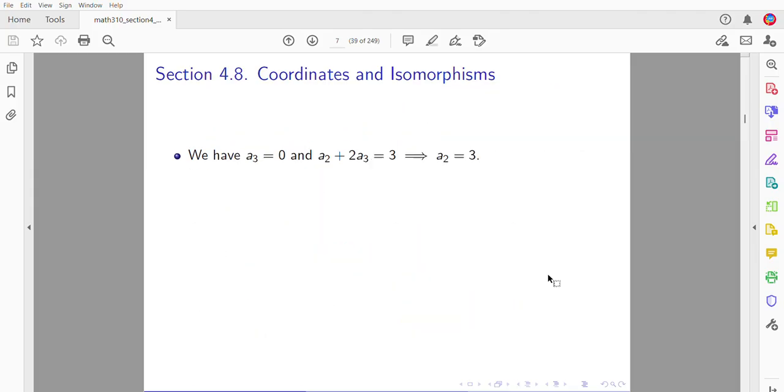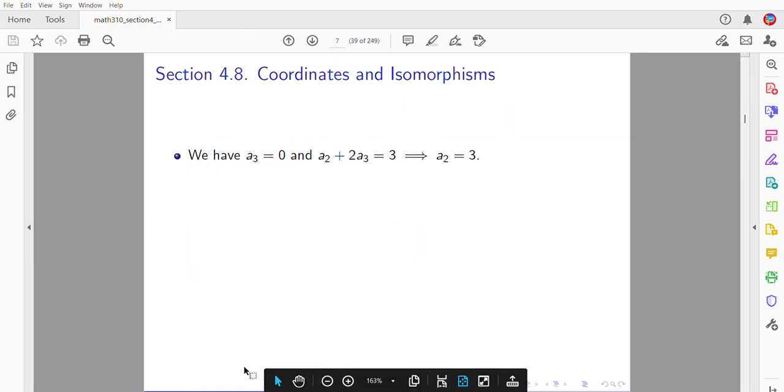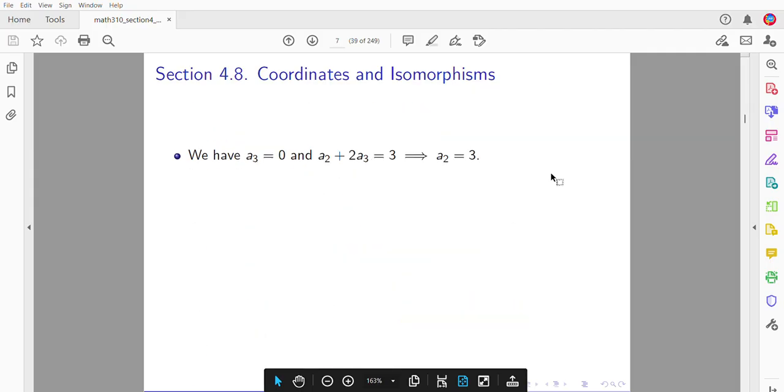This gives us the following equations. First, a3 is 0. Second, a2 plus 2a3 is 3. So since a3 is 0, that goes away, a2 is 3.